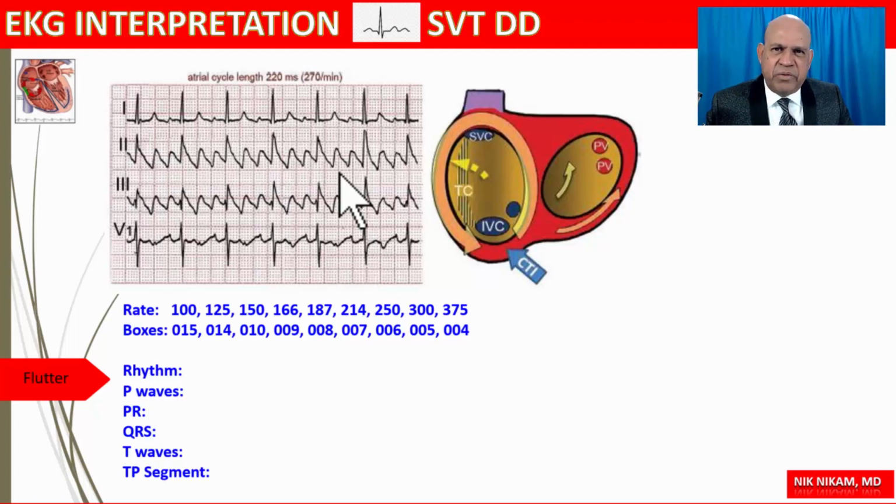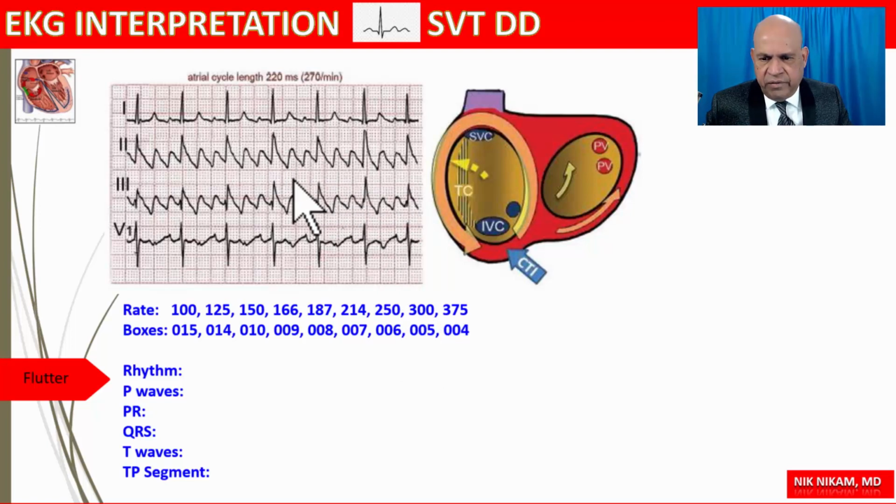And there are 2 types of atrial flutter. This is the typical atrial flutter, where it is going in a counterclockwise manner through this electrical accessory pathway, and thus producing these negative deflections in the inferior leads. So the rate is 300.